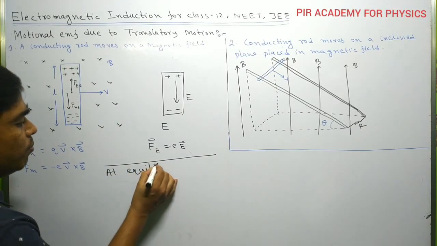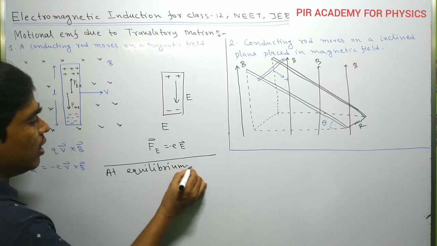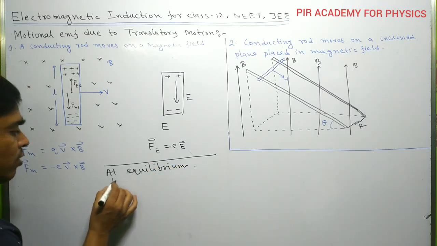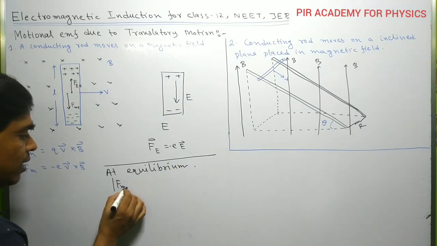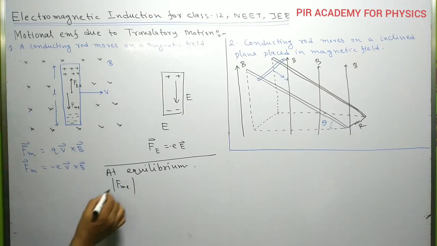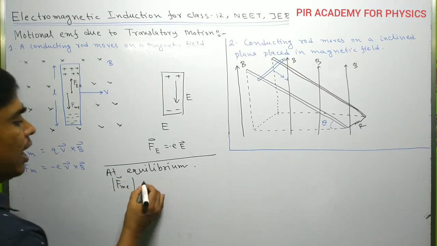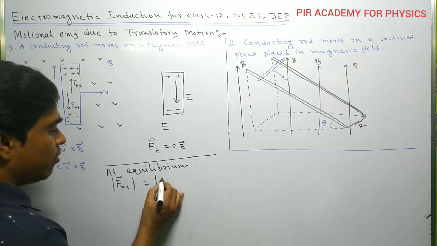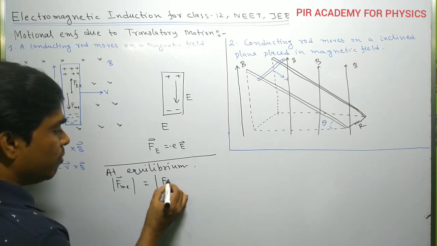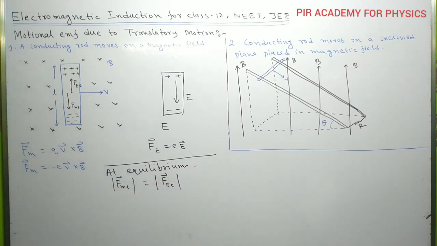At equilibrium, the magnitude of the magnetic force experienced by the electron and the electric force experienced by the electron must be equal.